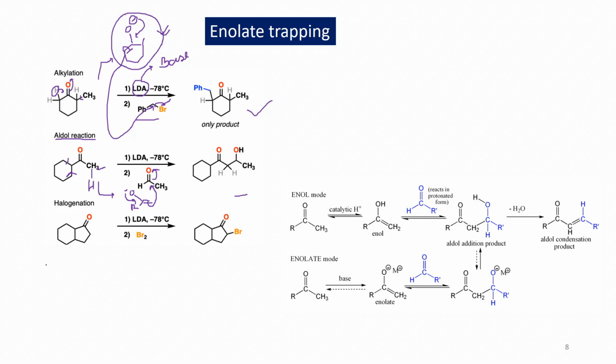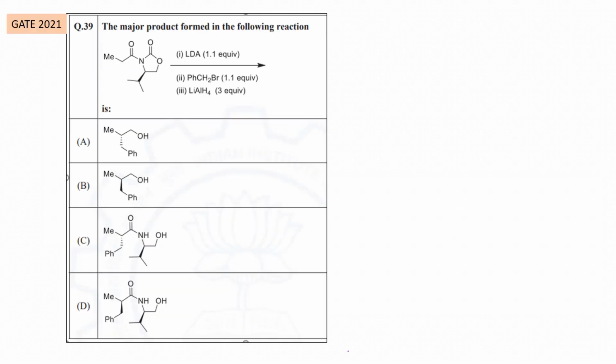We can use this concept for halogenation also. If we add a halogen as an electrophilic group, we can add the halogen at the alpha carbon to the carbonyl moiety. So based on this enolate trapping concept, by using this type of enolate intermediate, we can perform different types of reactions.